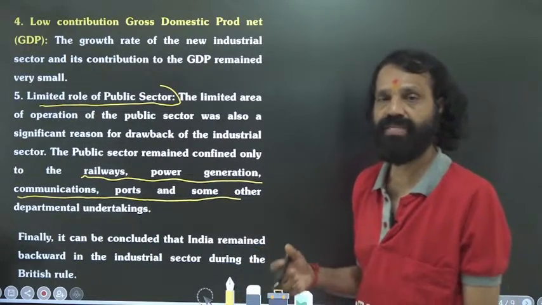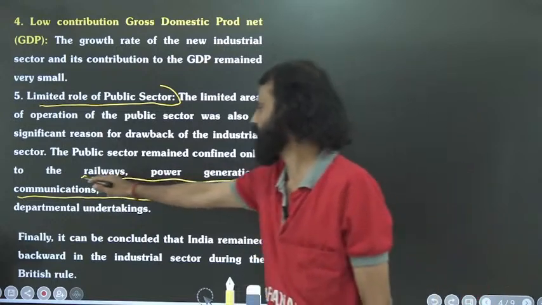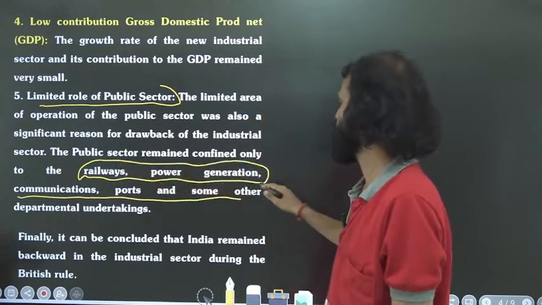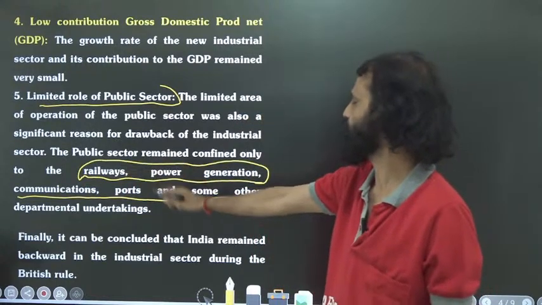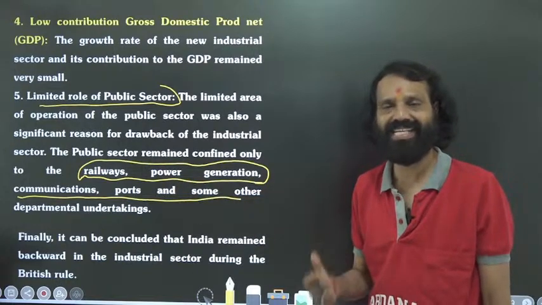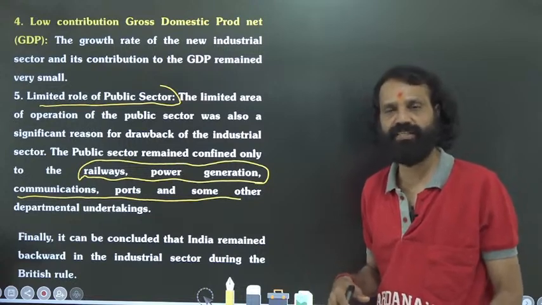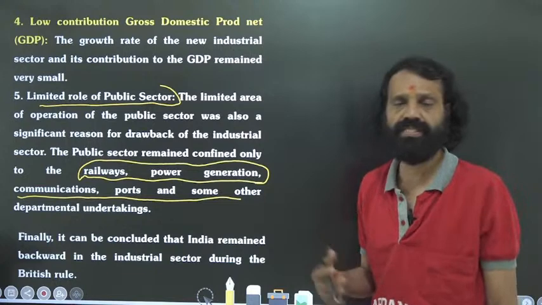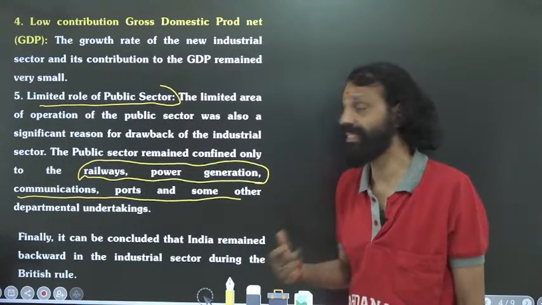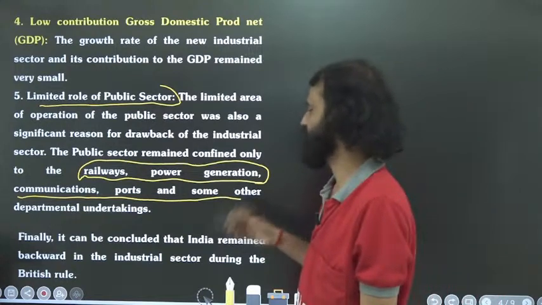They didn't invest in other fields. All these fields were supporting Britishers' rule in India. That is why they could control India for at least 200 years.